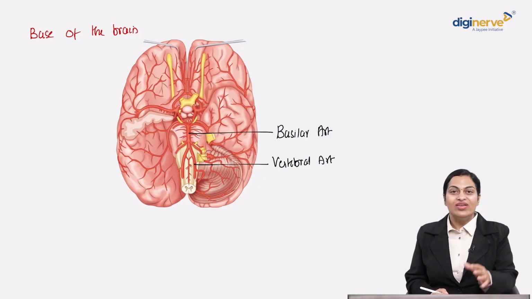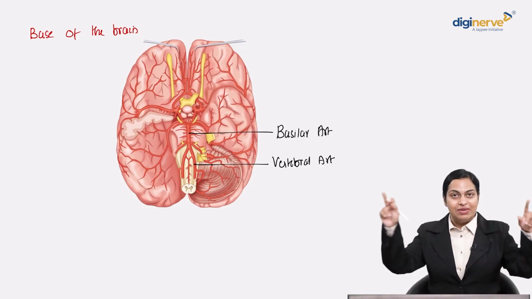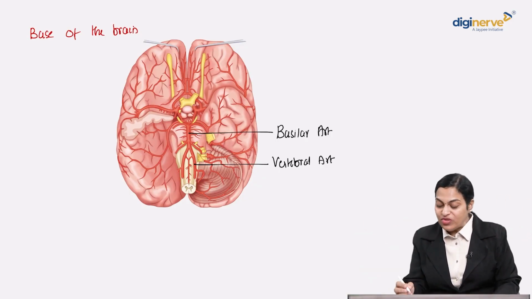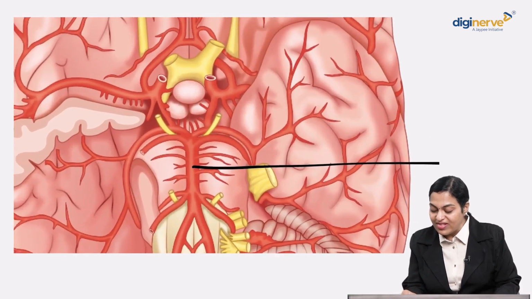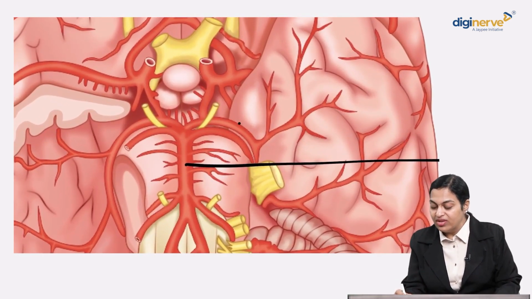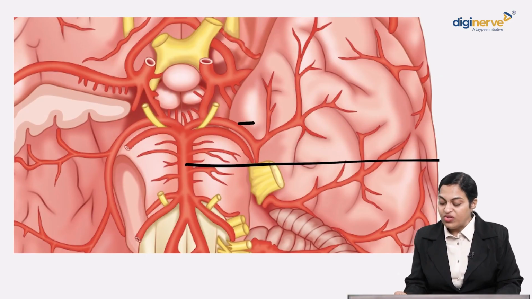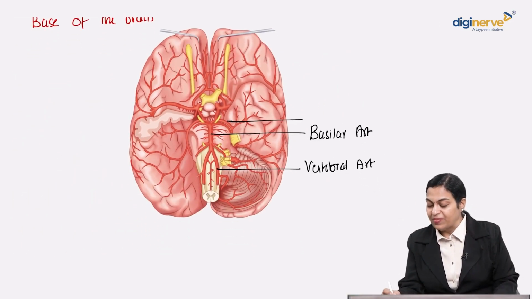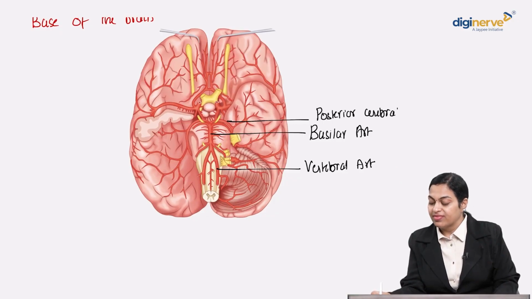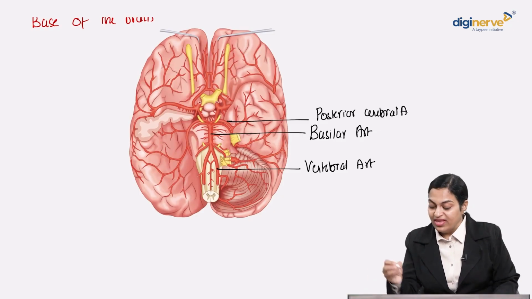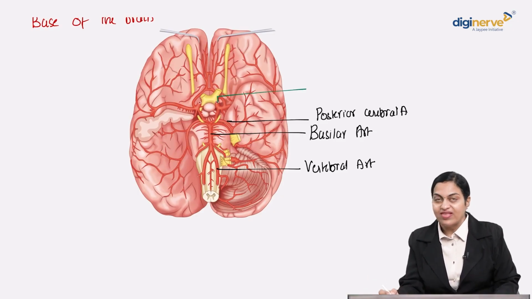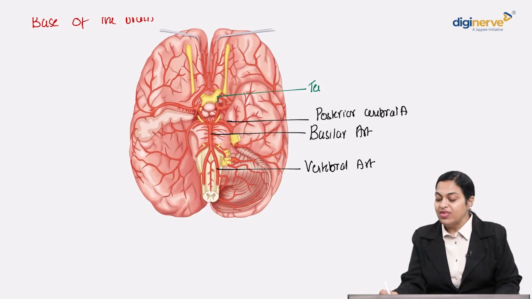And what does this basilar artery terminate into? The posterior cerebral arteries. Can you see it over here? This one here is the posterior cerebral artery. And this is the terminal part of internal carotid artery.